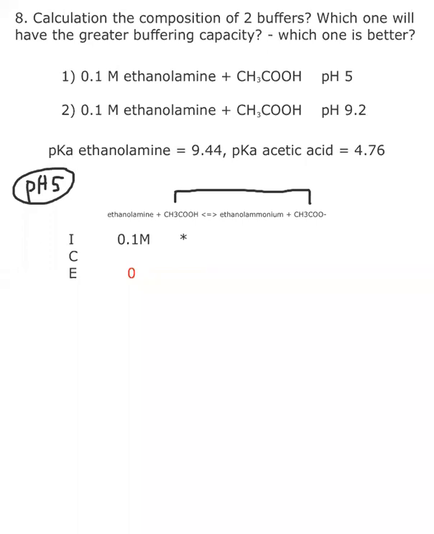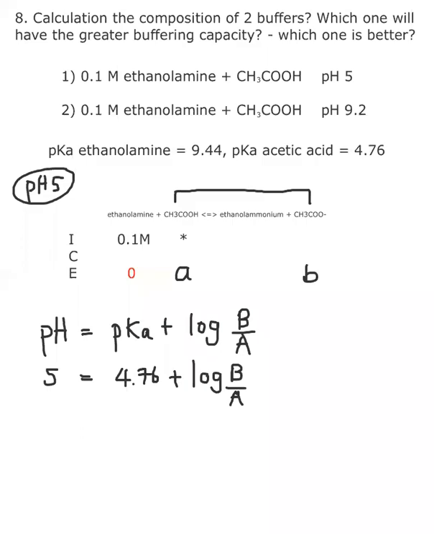So the ratio of acetic acid and acetate at pH 5 can be calculated using the Henderson-Hasselbalch equation, and so for A and B ratio here. In the Henderson-Hasselbalch equation, you plug in 5 as the pH and then use 4.76 as the pKa, because right now we're talking about acetic acid and acetate.